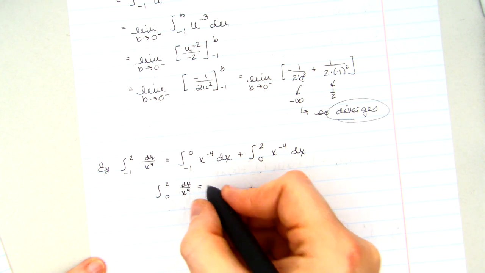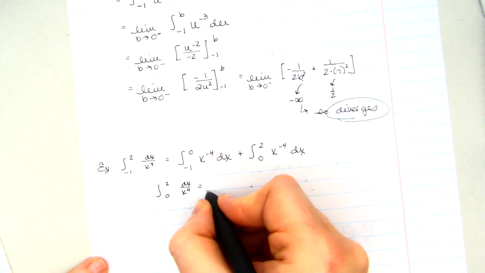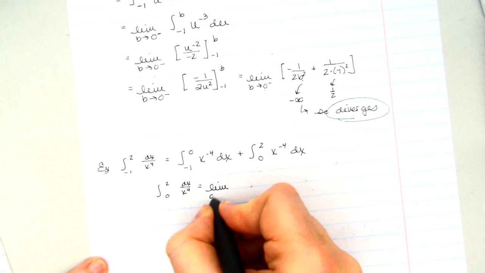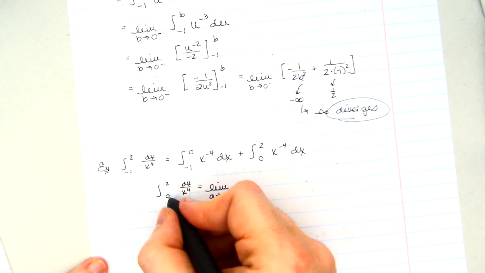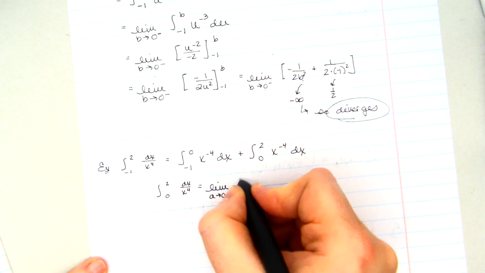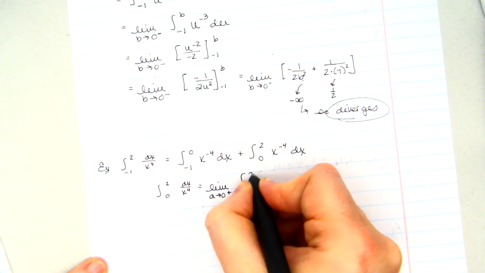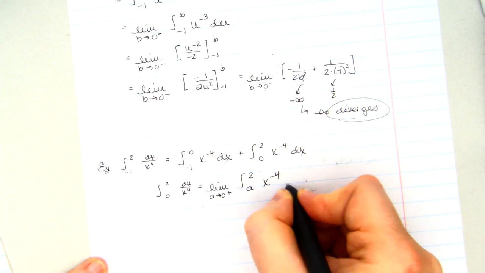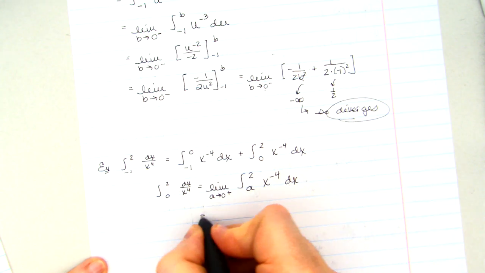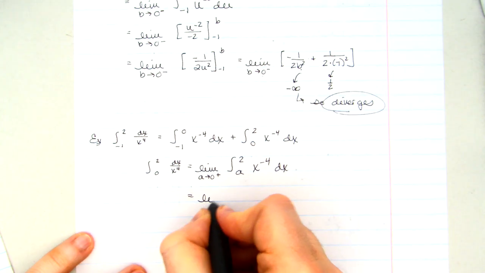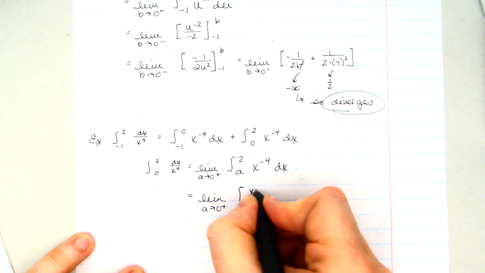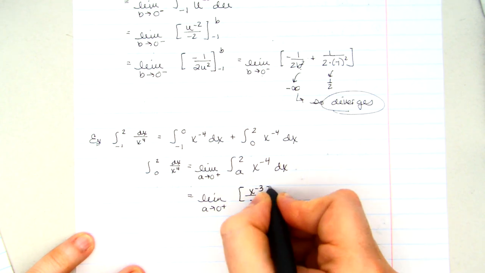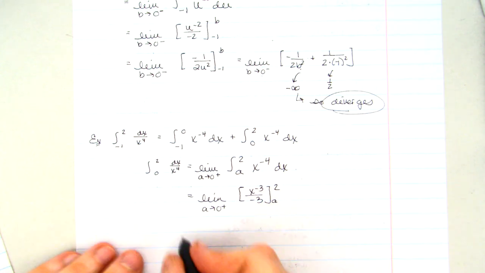Let's go. I've got an issue at 0, so I'm going to say limit as a approaches 0 from the right, because I'm to the right side of 0 if I'm going between 0 and 2, only to the right. Integral from a to 2 of x to the negative 4 dx. That gives me limit as a approaches 0 from the right of x to the negative 3 over negative 3 from a to 2.